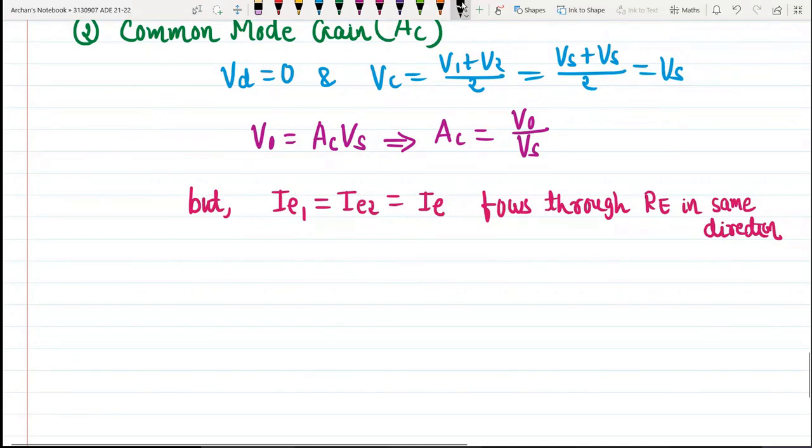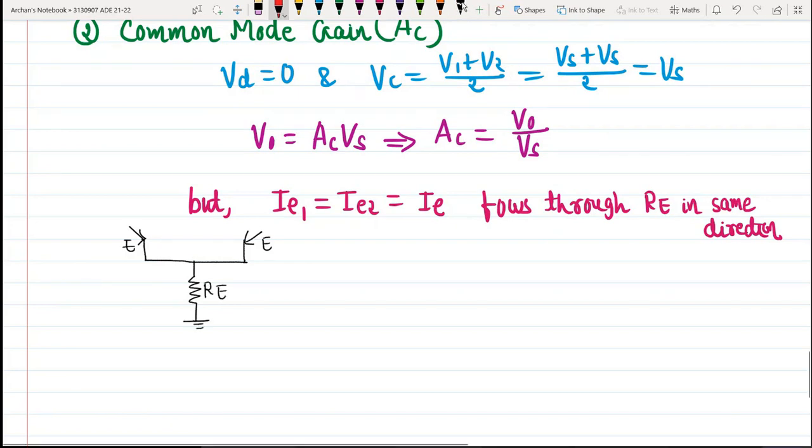If we look at the circuit diagram, this is the emitter terminals of both the transistors and this is my resistance RE.